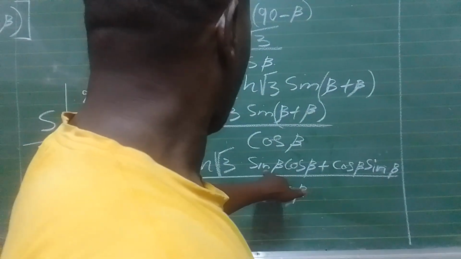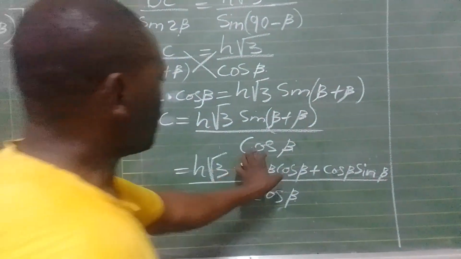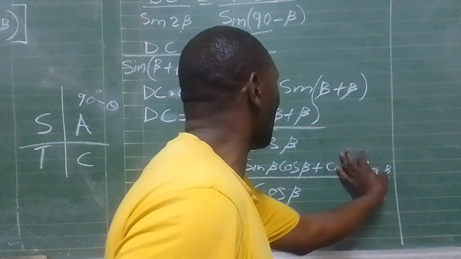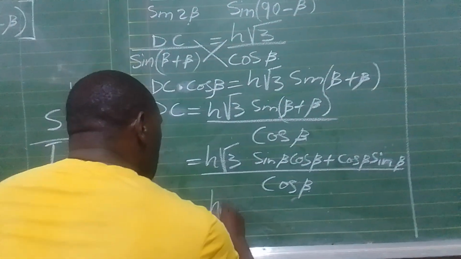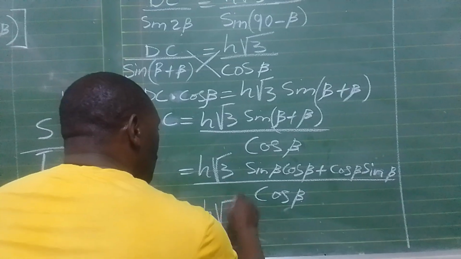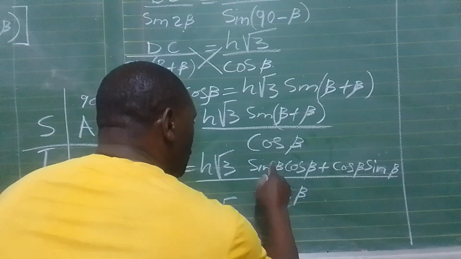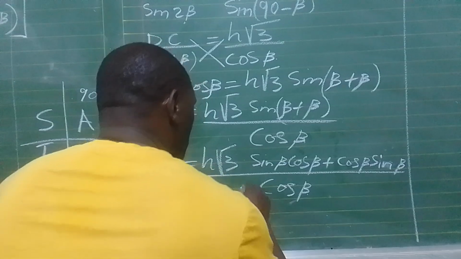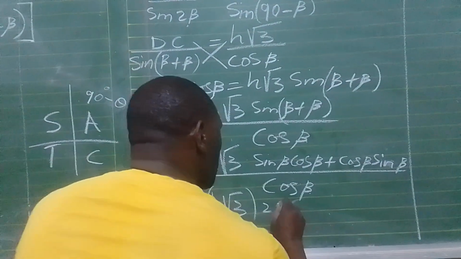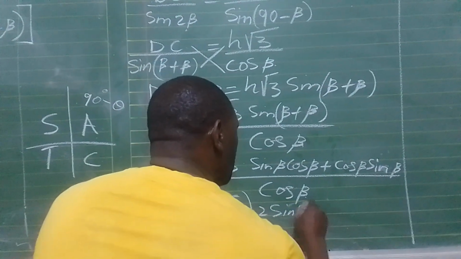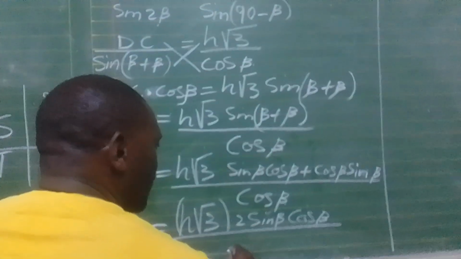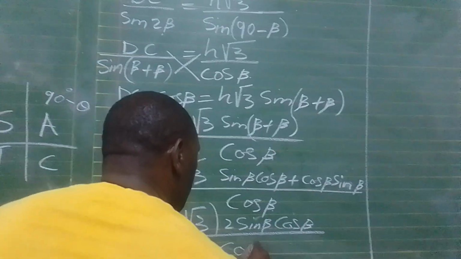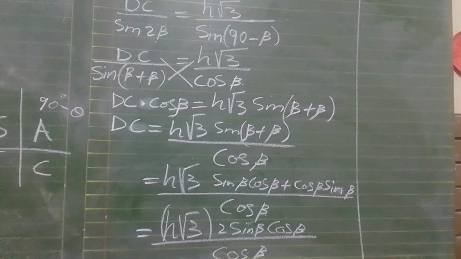This is 1, this is another 1. So 1 plus 1 is 2. We are going to get h root 3 times 2 sine beta cos beta, all divided by cos beta.